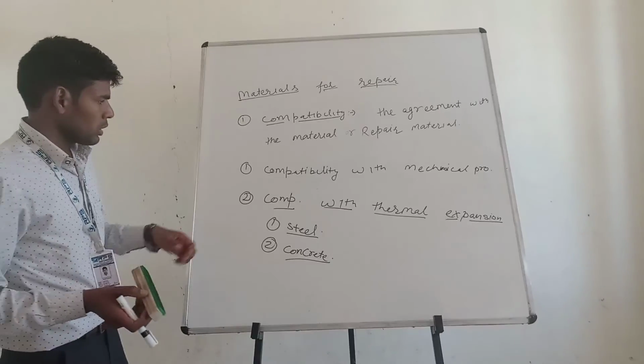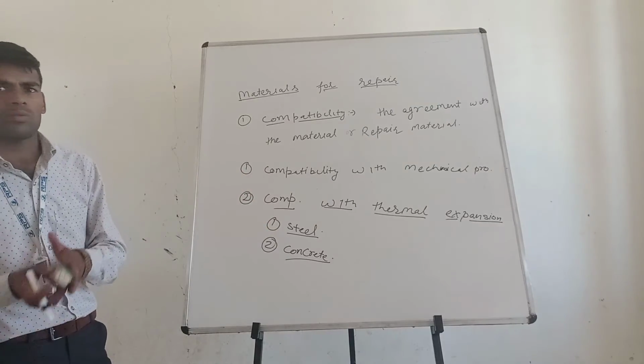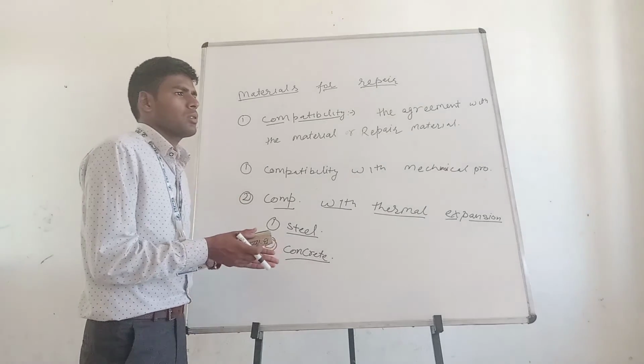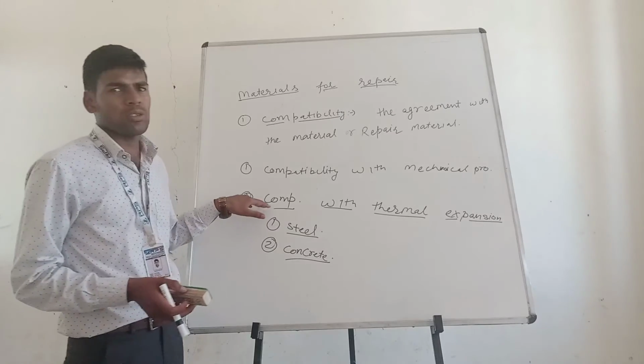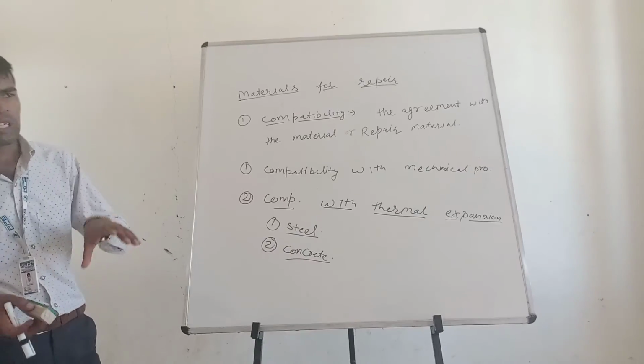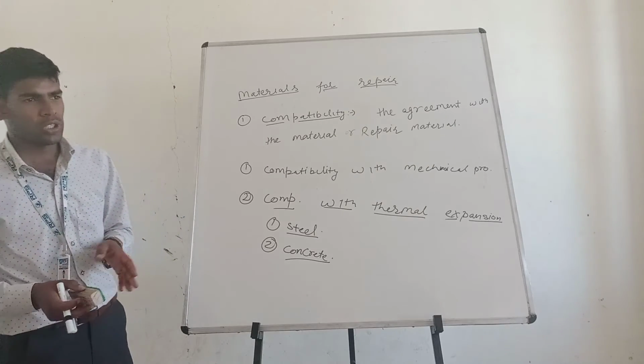So the material must be compatible with our building material, due to which the thermal expansion of both materials, building material and the repair material, must be compatible to each other.